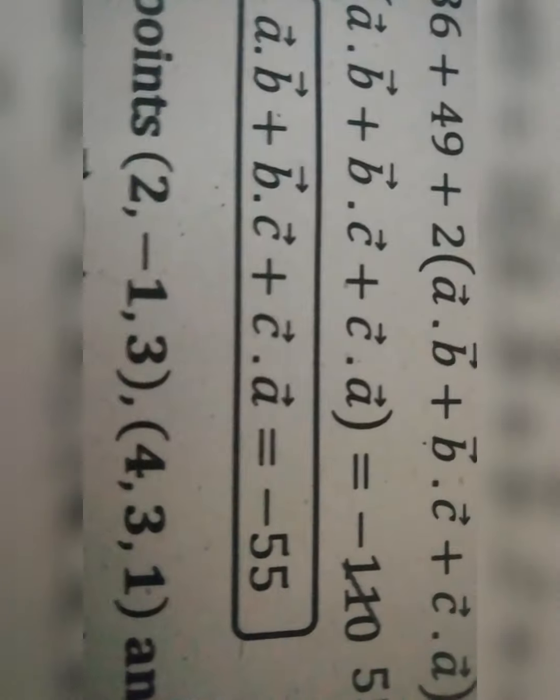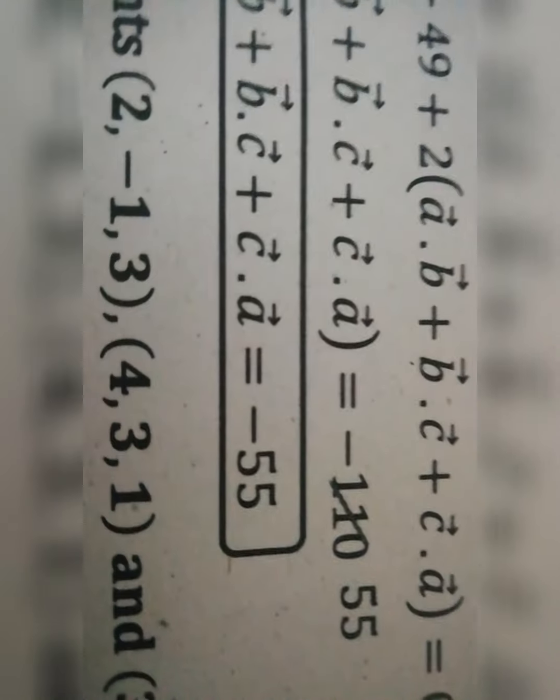The next sum: show that the given 3 points are collinear. If 3 points, we can take the position vectors OA vector, OB vector, OC vector. OA vector is equal to 2i vector minus j vector plus 3k vector.